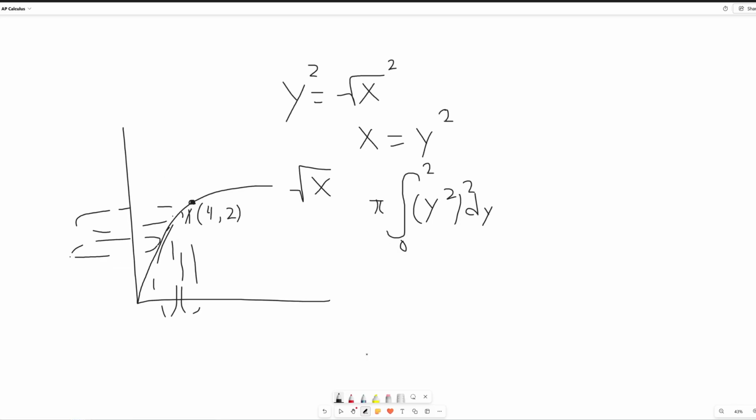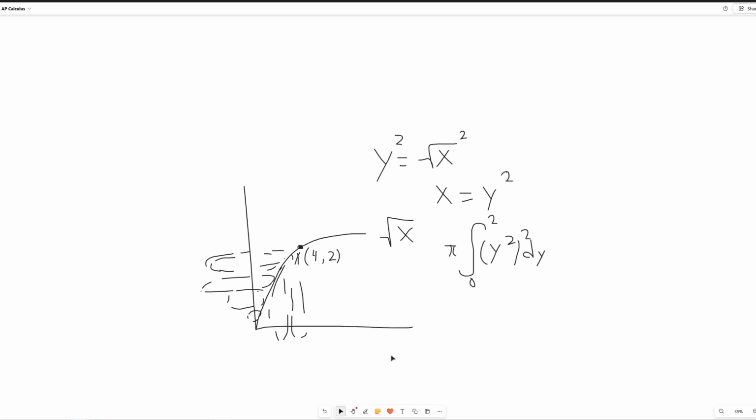So it is the same principle, except now you find an x function in terms of y and then use dy. And this will net you the correct answer for rotation about the y-axis.